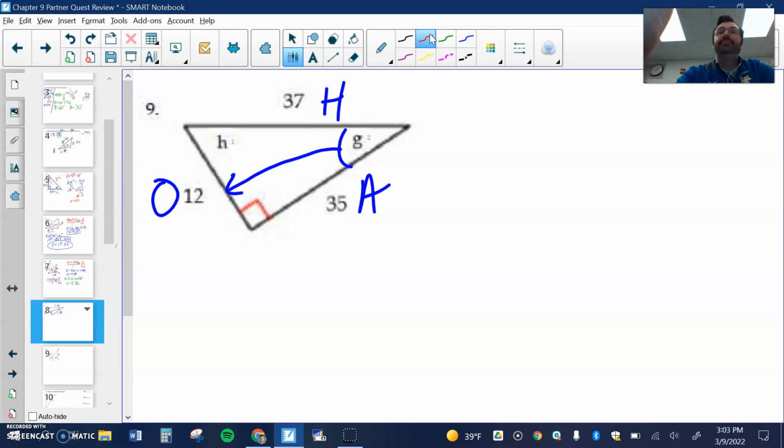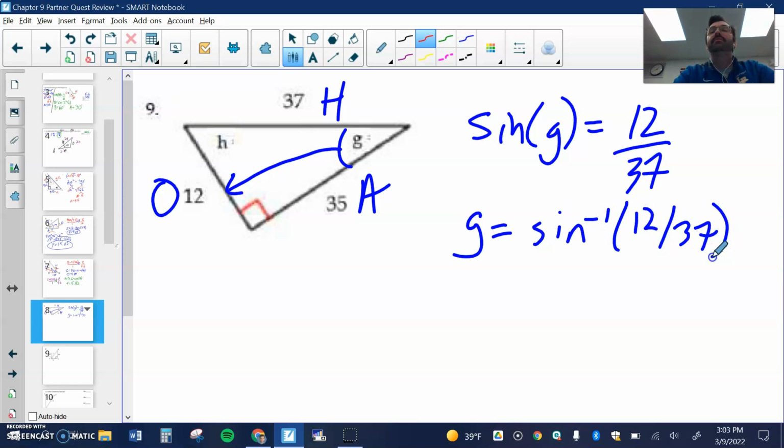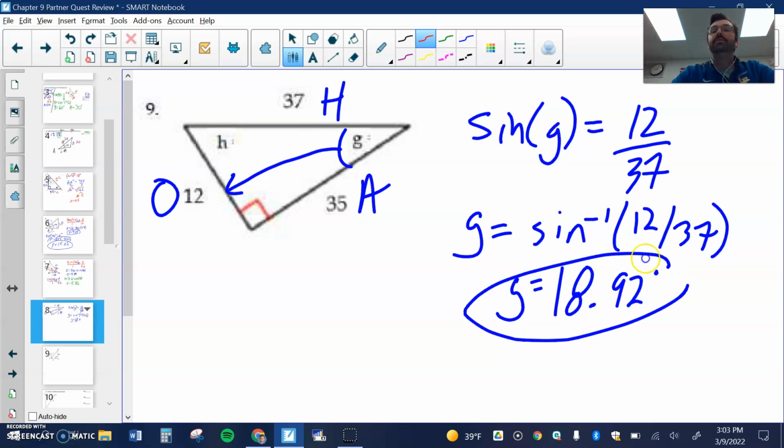I use sine, so I'm going to go sine of angle G equals 12 over 37. Again, you could just skip to this part. G is the sine inverse of 12 over 37. I got G to be 18.92 degrees.